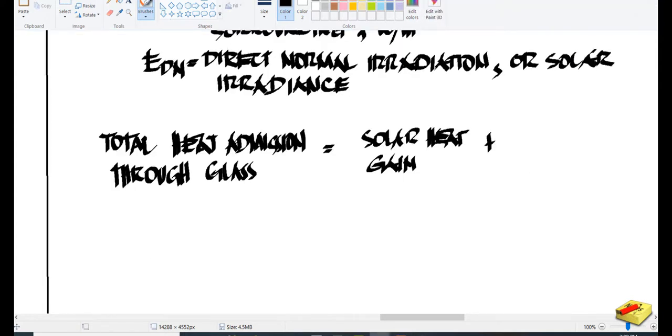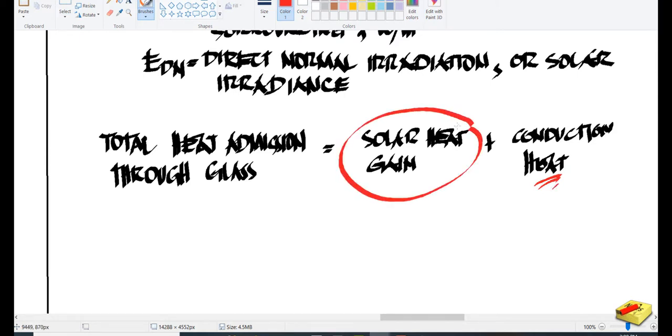We have the total heat admission through the glass, so that will be equal to the solar heat gain plus your conduction heat gain. Since dito madali lang naman itong makuha, now we'll focus muna on this since wala tayong mapagkunan ng table.